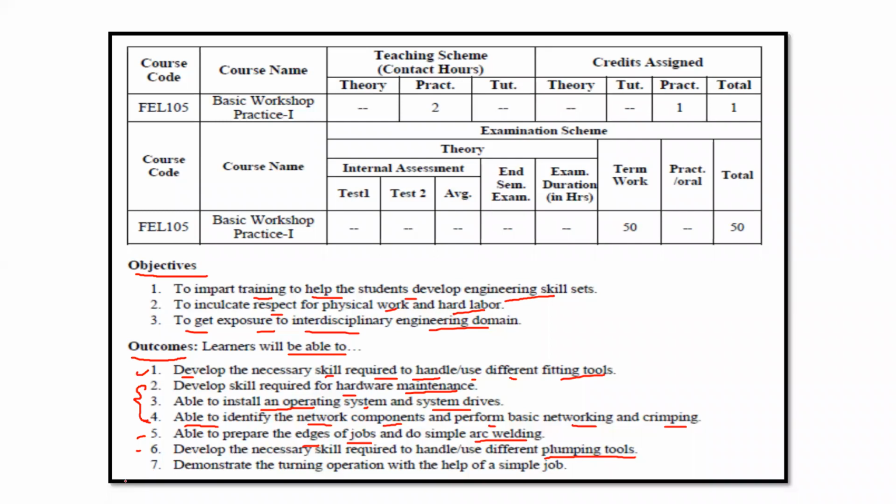And seventh is to demonstrate the turning operation with the help of a simple job. This turning operation is carried out on the lathe machine, so this is again an outcome from the machining workshop or machine shop. So these are the objectives and the outcomes for this subject.